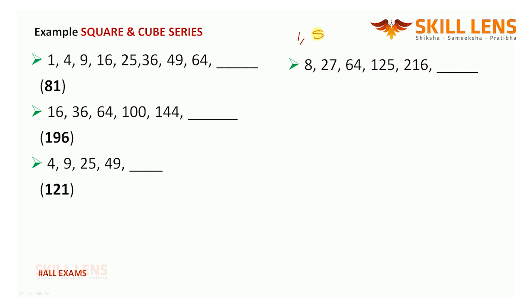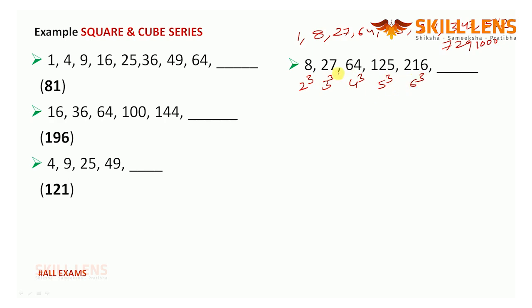Because 1, 8, 27, 64, 125, 216, 343, 512, 729 and 1000. So these are 10 cubes. So this is 2 cube, 3 cube, 4 cube, 5 cube, and this is going to be 6 cube.